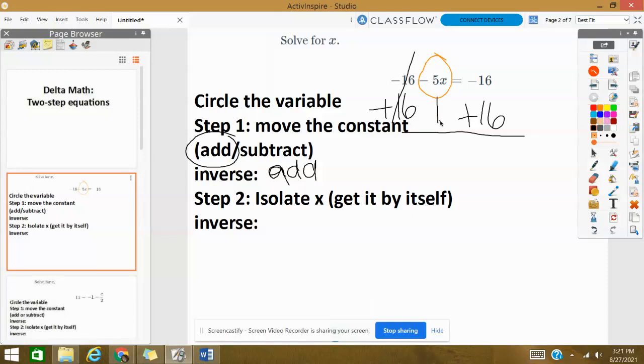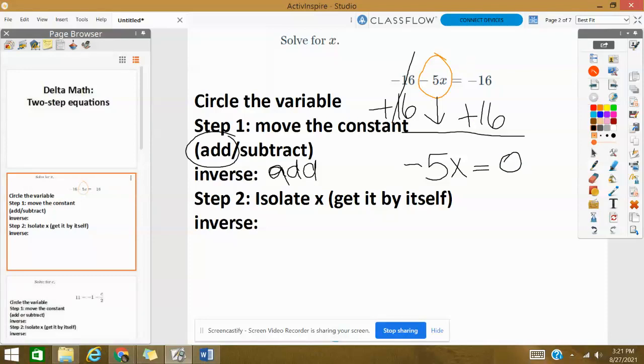Okay. This variable, I haven't done anything to it, so I'm literally just bringing it down. So we have a negative 5x. And then over here on the right-hand side, I'm going to go ahead and combine my like terms. Negative 16 plus 16 is going to give me 0.